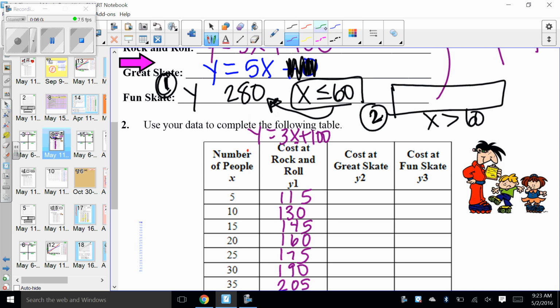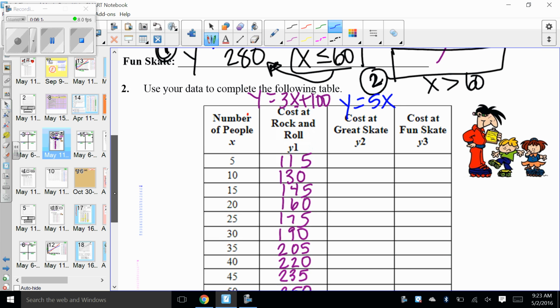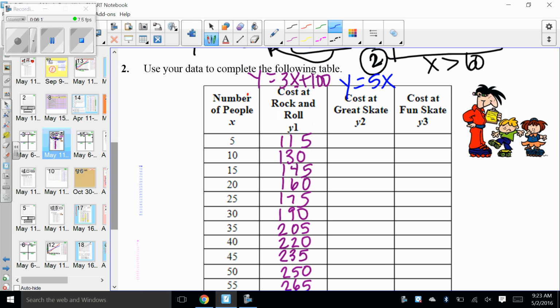So Great Skate is the middle column here. And it's y equals 5x for Great Skate. So we don't have a beginning amount for Great Skate. It doesn't really matter how many people we bring. There isn't a beginning charge. It's just going to cost us $5 for every person that goes. So if we bring 5 people, we pay $5 a person, which is $25.